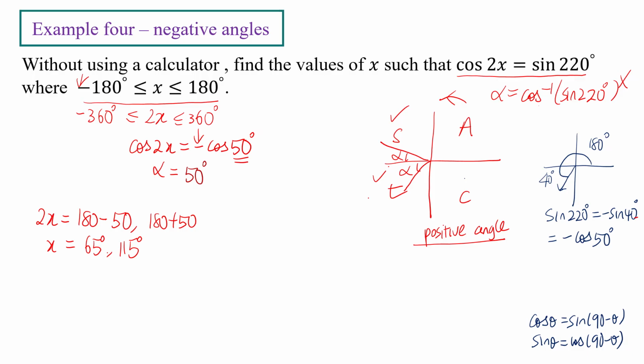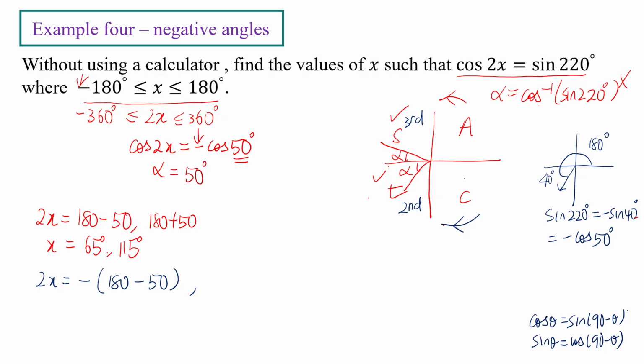So for your negative angle, okay, maybe we use the same diagram, but we use a different color. It goes this way, right? If you go this way, you will see that for the negative angle, this becomes the second quadrant, and this becomes the third quadrant. So for your negative angle, make sure you put the negative in front. For the second quadrant will be negative 180 minus your alpha, which is 50.